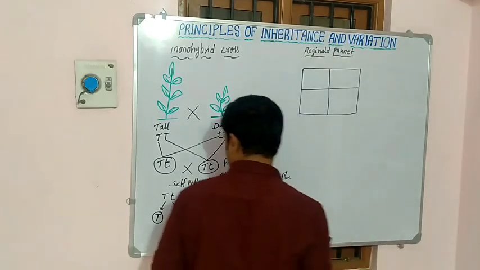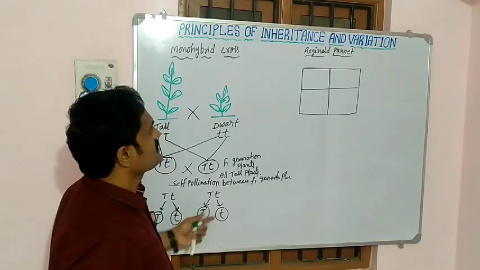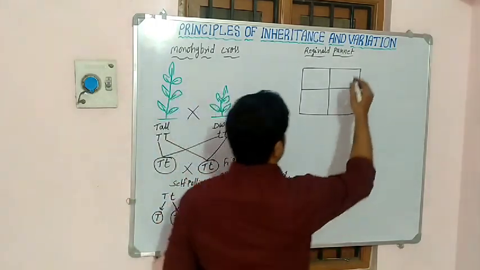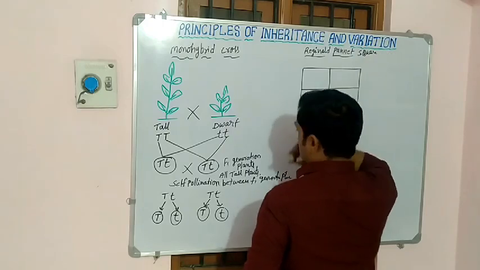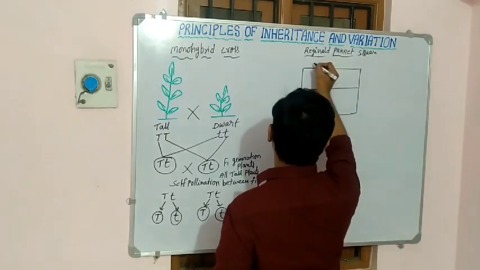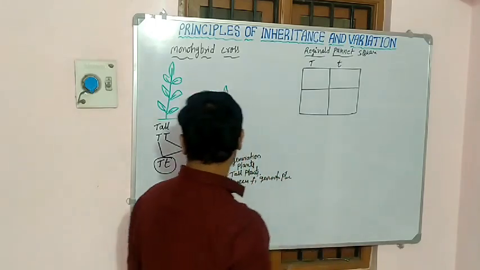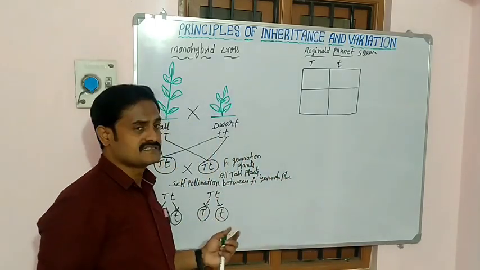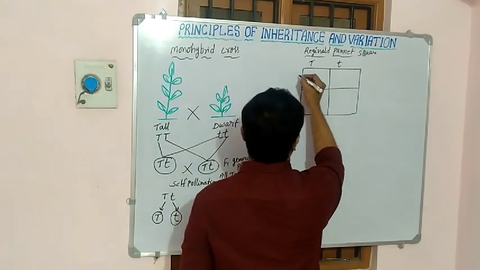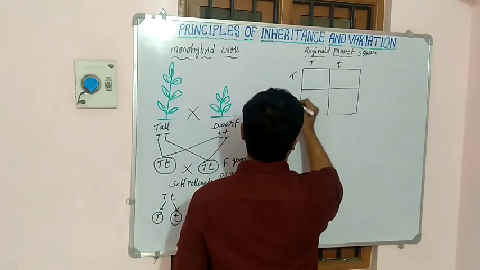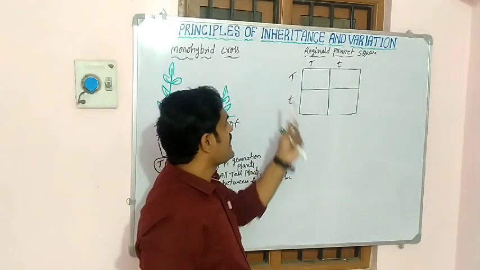Two gametes are written on the top of the Punnett square, for example, capital T, small t. The remaining two gametes are written on the left-hand side of the Punnett square, capital T, small t. So let us fuse the gametes.